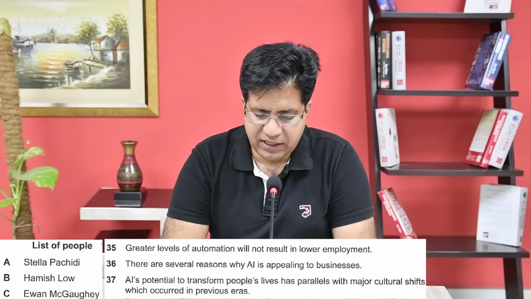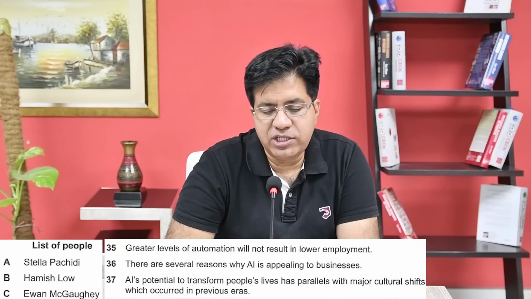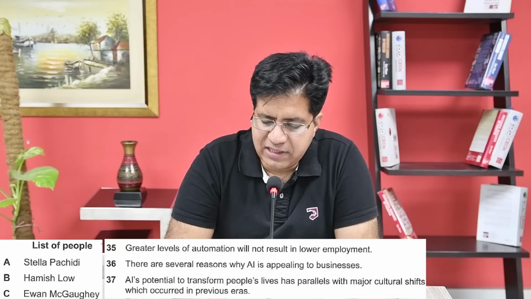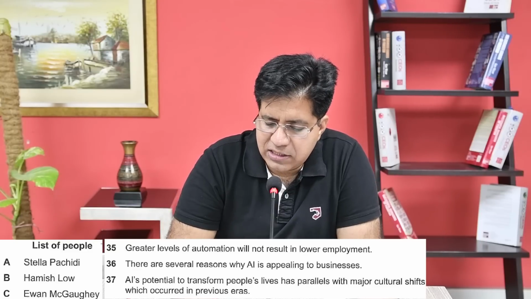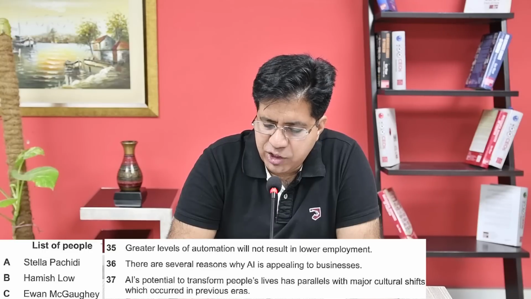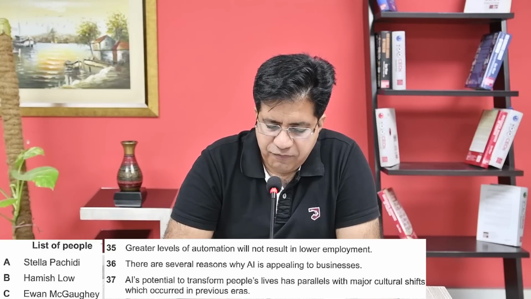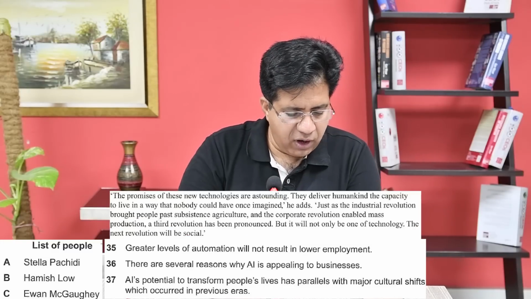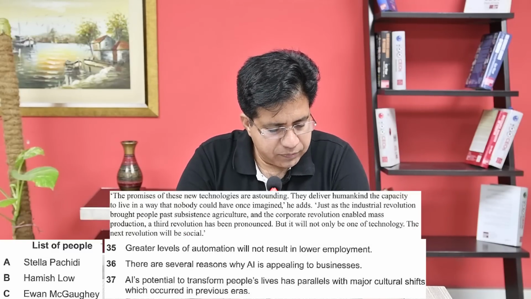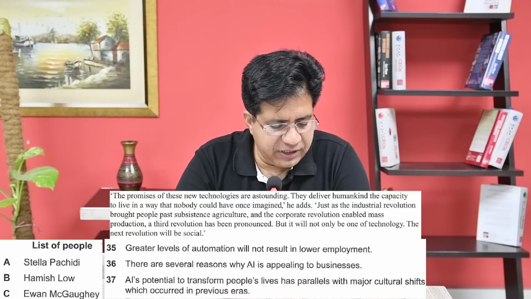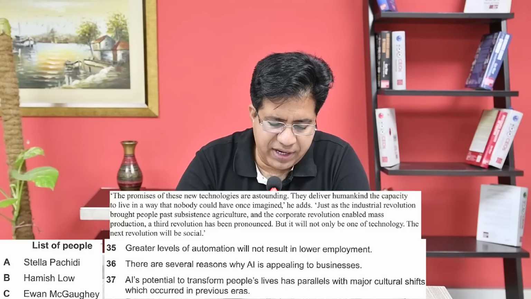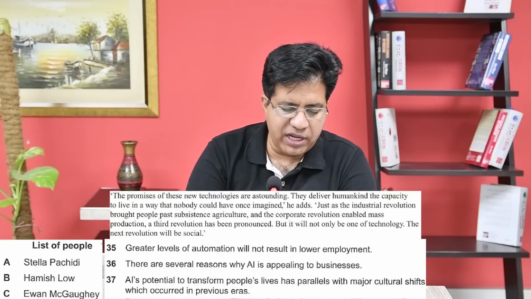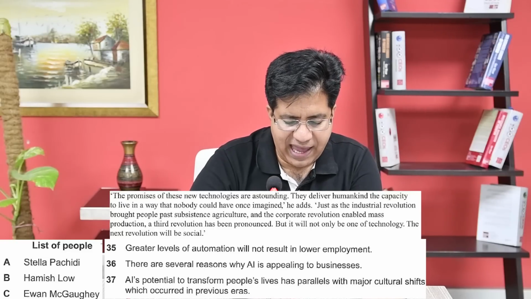Now what are we left with? Let's read question number 37. AI's potential to transform people's lives has parallels with major cultural shifts which occurred in previous eras. Let's go on. We've got the last paragraph. Exactly. The promises of these new technologies are astounding. They deliver humankind the capacity to live in a way that nobody could have once imagined, he adds.